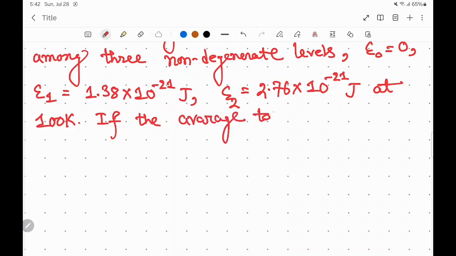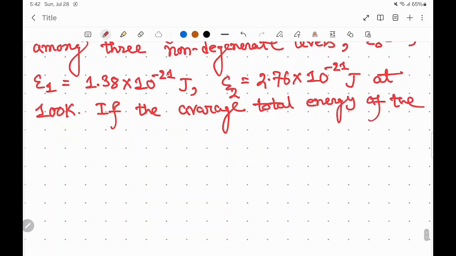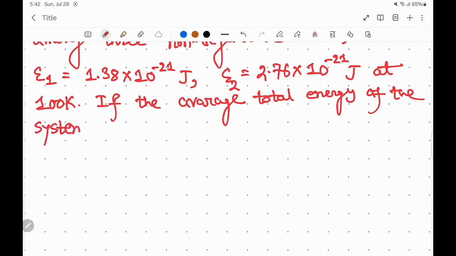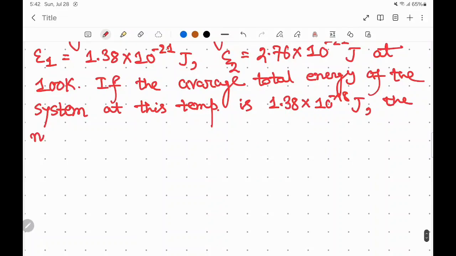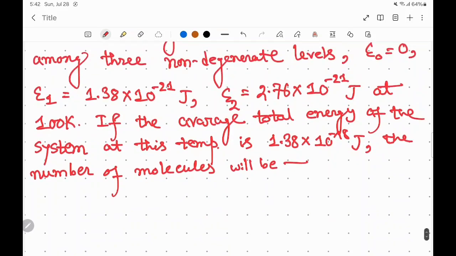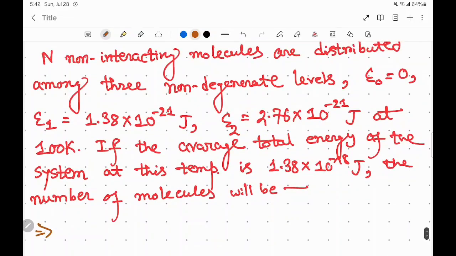The average total energy of the system at this temperature is this joule, then the number of molecules will be... So there are N number of molecules and three non-degenerate levels.